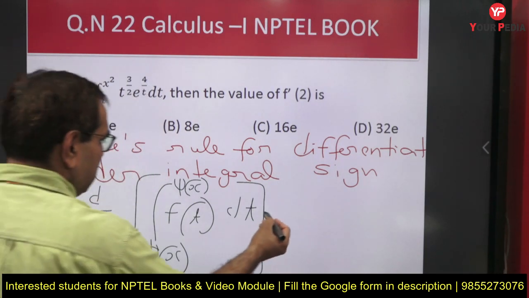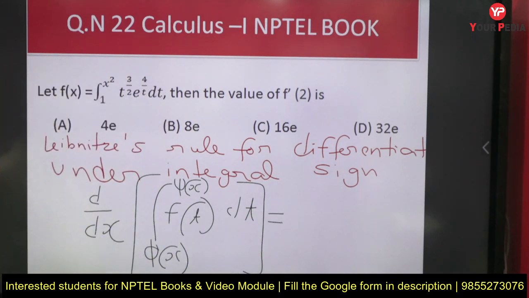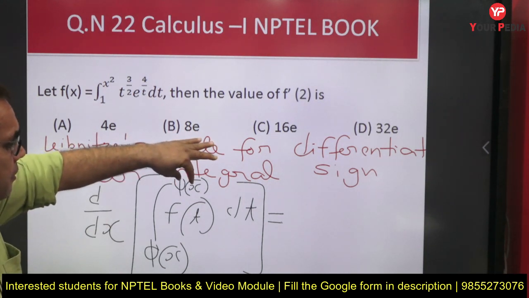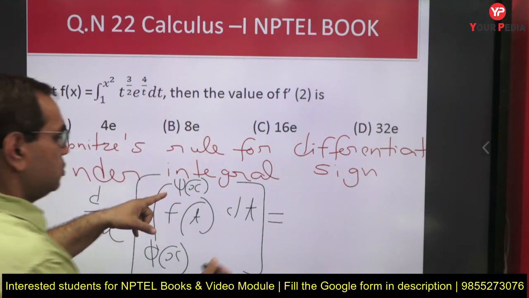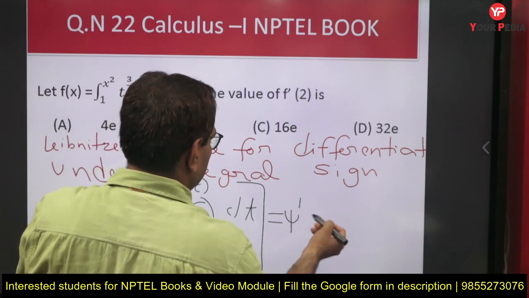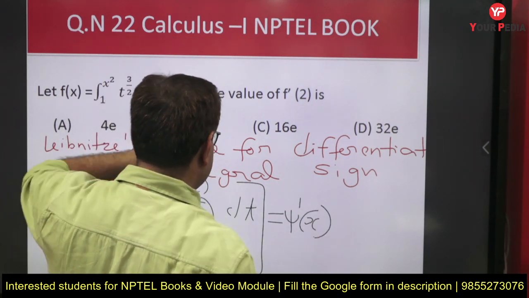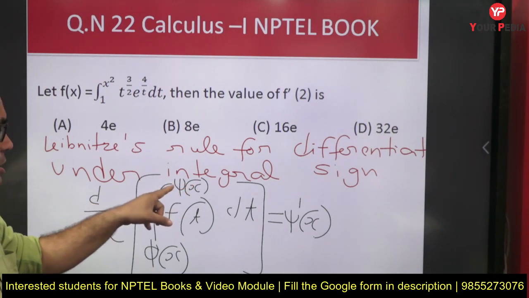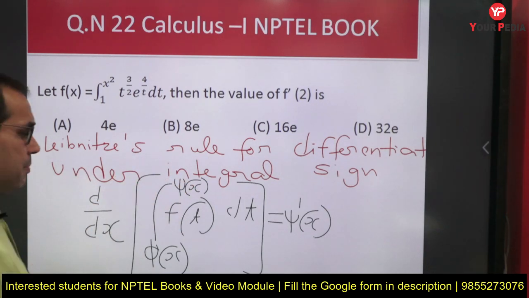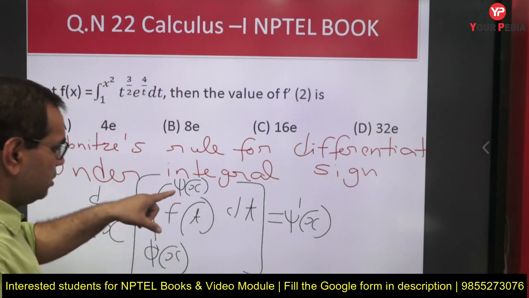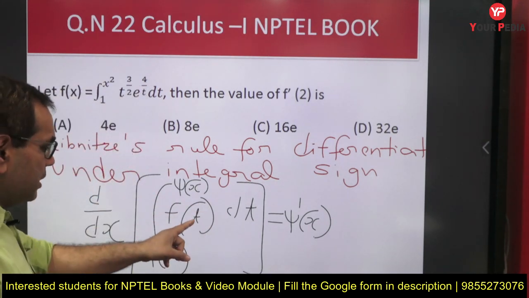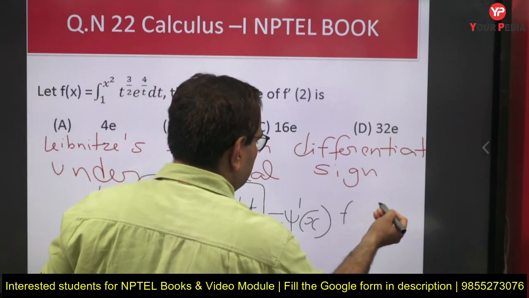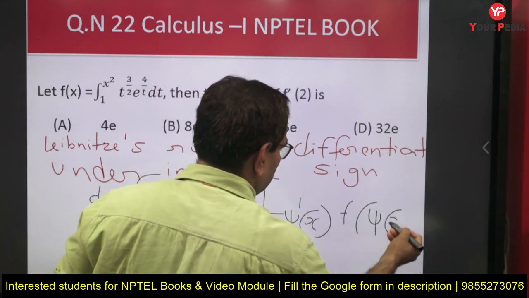So what we can do here is, just differentiate the upper limit with respect to x. So psi dash x, this is function psi, so psi dash x is the differentiation of the upper limit with respect to x, multiplied by this function where the argument t is replaced by the upper limit, so f of psi of x.